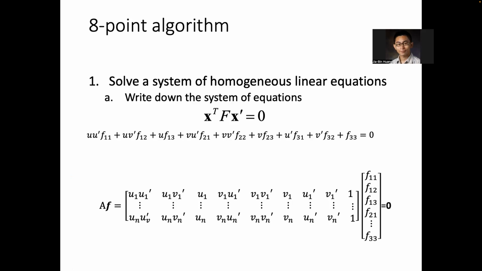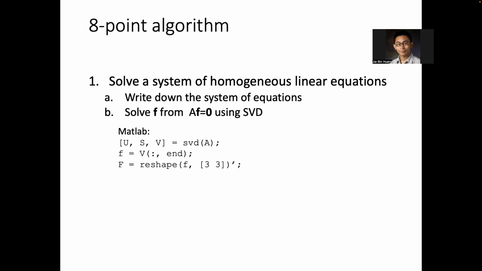All right, so once we set up this linear system, you can see that all these numbers are xy locations from the left image and xy locations on the right image. Then you can solve for this using SVD. Now you get an F that is 3 by 3, but that matrix itself still does not satisfy the constraint.